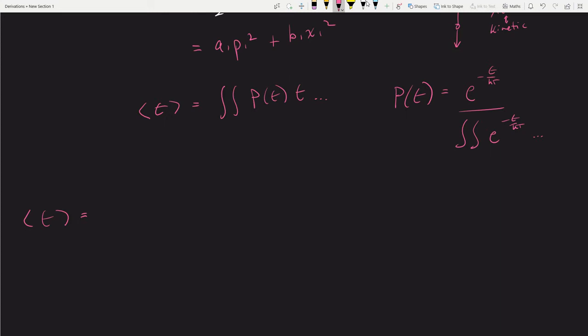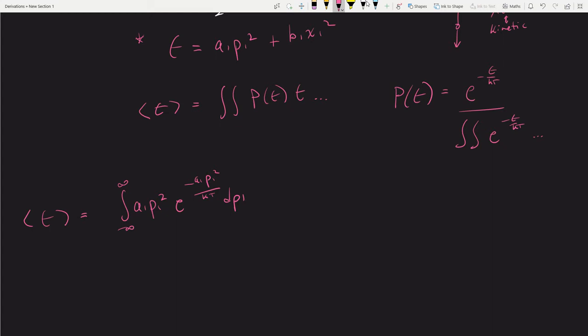Our first integral on top, noting that this is our energy function here, this is epsilon, we get a1 p1 squared e to the negative a1 p1 squared over kT dp1, from negative infinity to infinity.